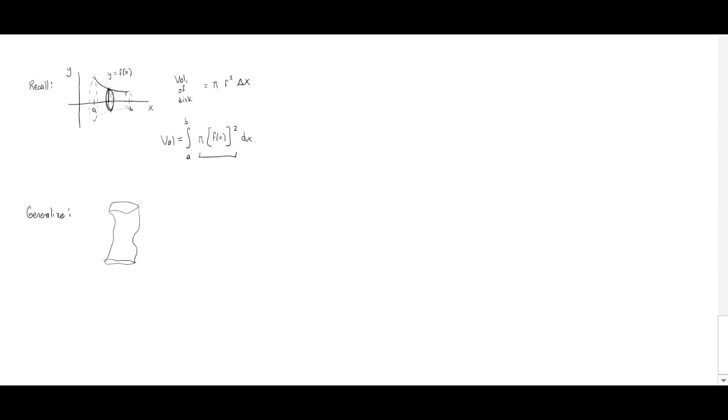We can maybe imagine this is in 3D, so maybe this is at some height A and this is at some height B. If I look at a particular slice of this region, at some fixed height z, let's say the area of this slice is A of z.